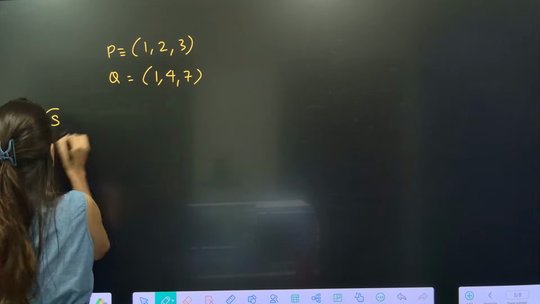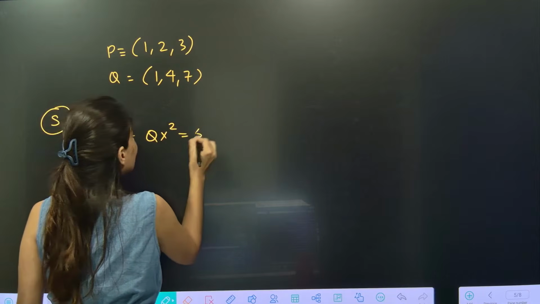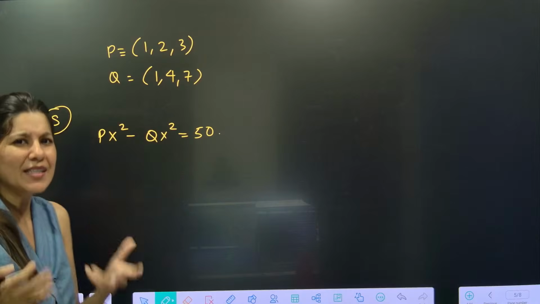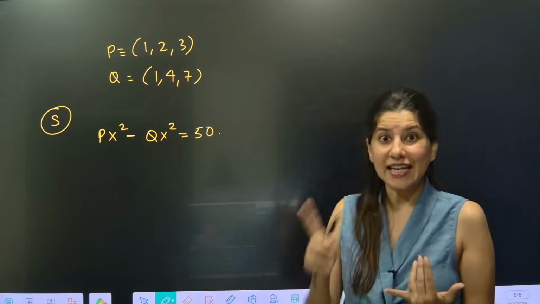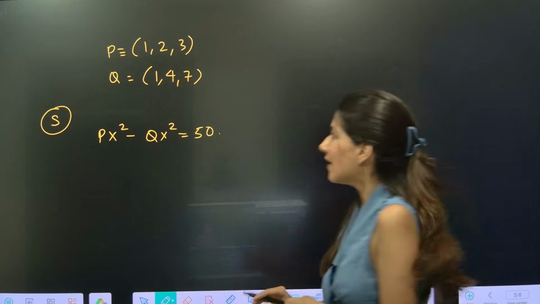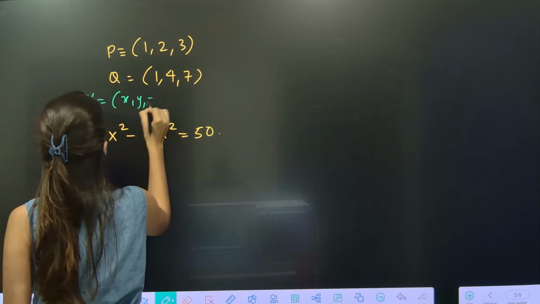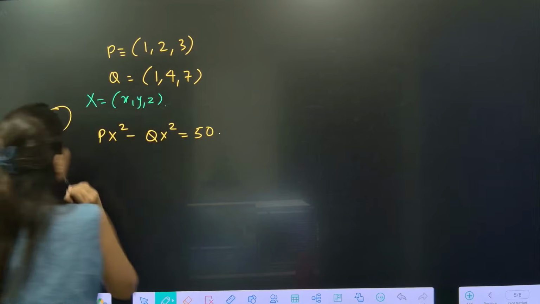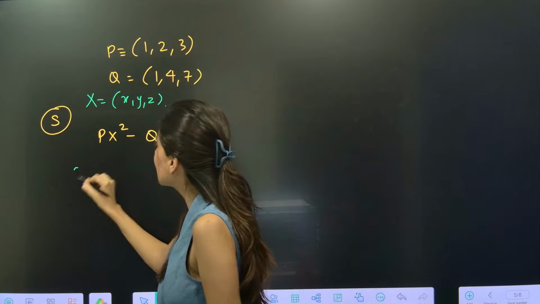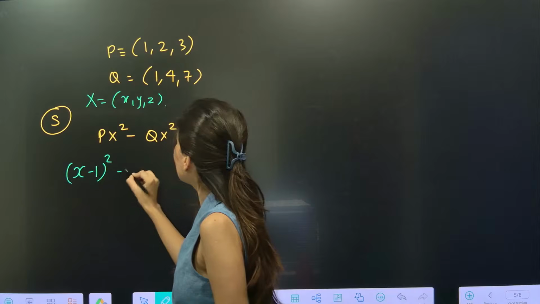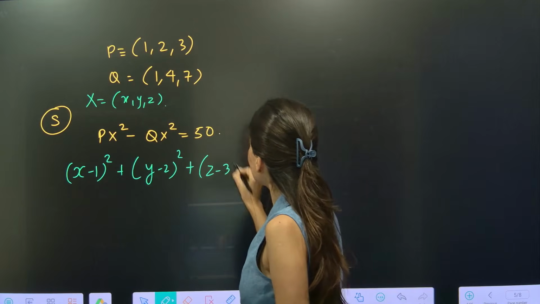Here S is nothing but Px square minus Qx square is equal to 50. Okay, what is X by the way? X can be a point, X can also be a locus. So I will assume X is equal to X comma Y comma Z. Now apply the distance formula. Px square is X minus 1 whole square, plus Y minus 2 whole square, plus Z minus 3 whole square.